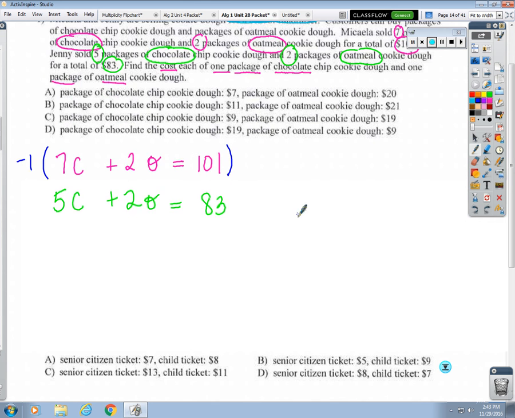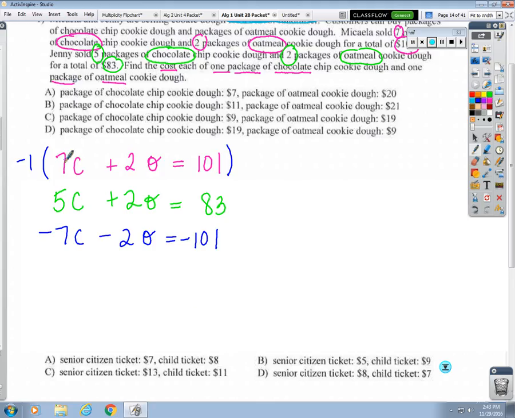Look, the O's already have a 2 on each one, so we're going to make the O's the same. We're just going to multiply this one by a negative, so it'll become a -2, and then you'll have a +2, and those will cancel out. So this becomes -7C minus 2O equals -101.